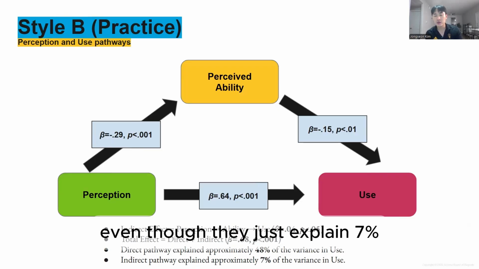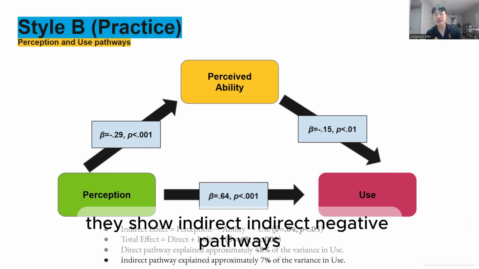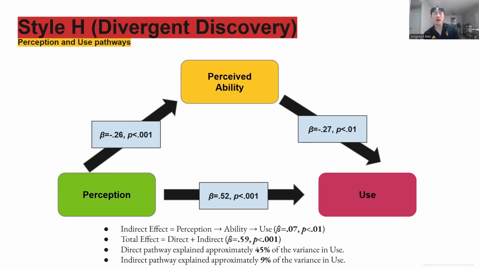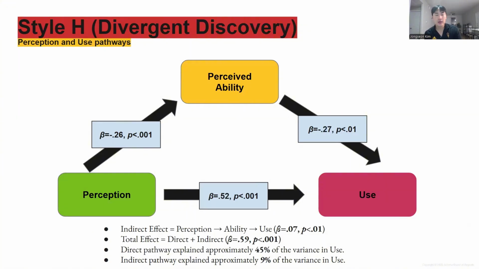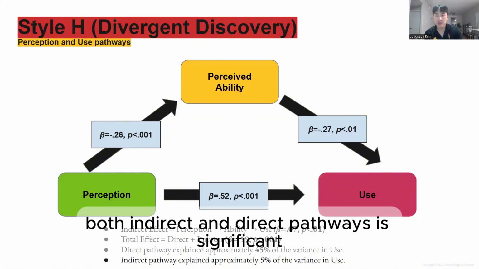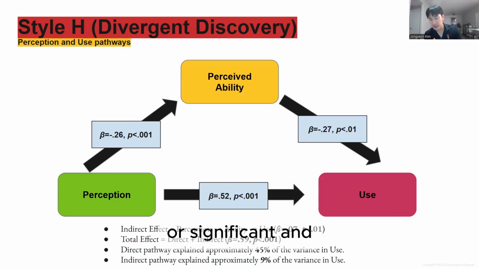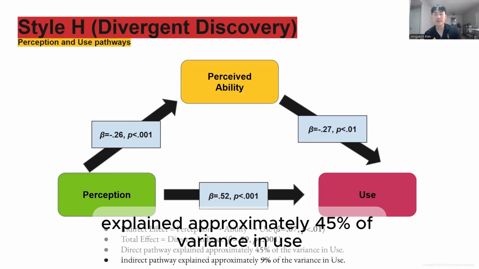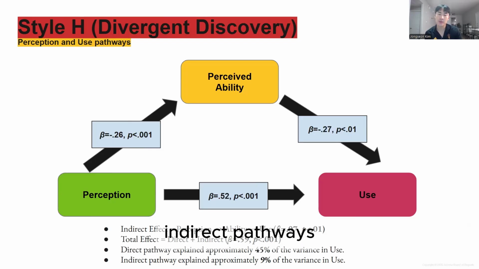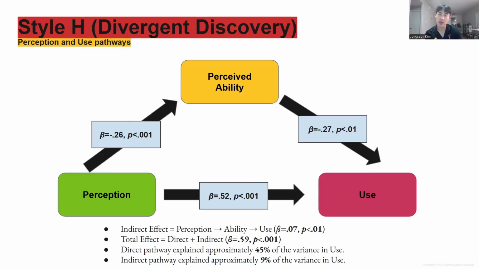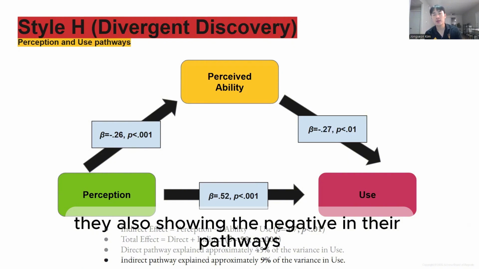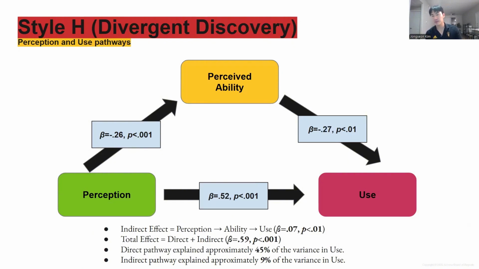Even though they explain just 7%, they show indirect negative pathways. Teaching style H has similar patterns: both indirect and direct pathways are significant, and direct pathways explain approximately 45% of variance in use. Indirect pathways explain approximately 9% of variance in use. However, they also show negative indirect pathways.